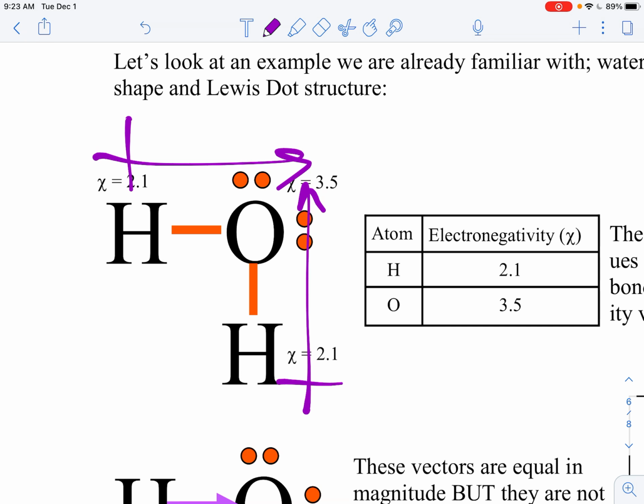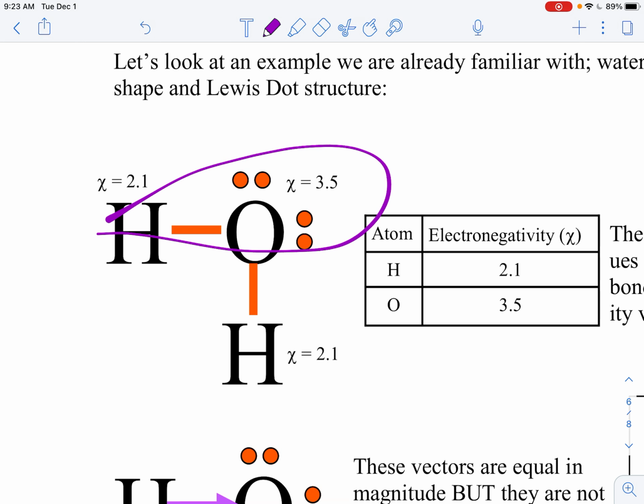Now, do those arrows cancel each other out? Well, are they opposite of each other? Well, no, they're not. They're actually both pushing over towards the oxygen over there. And because they're both pushing towards the oxygen, that is going to push all the electrons towards that oxygen. So the electron cloud is going to go here, or the electron cloud is going to go here.